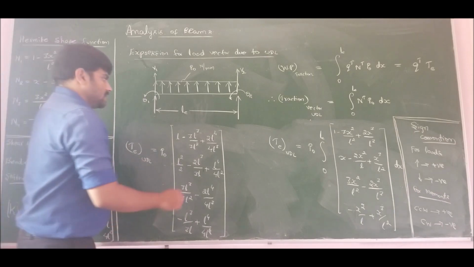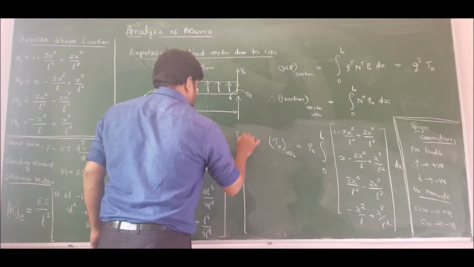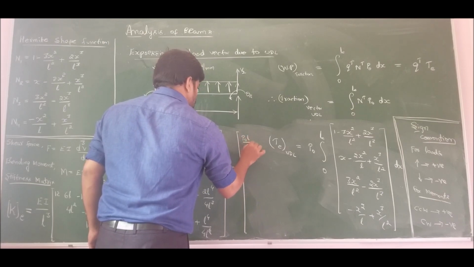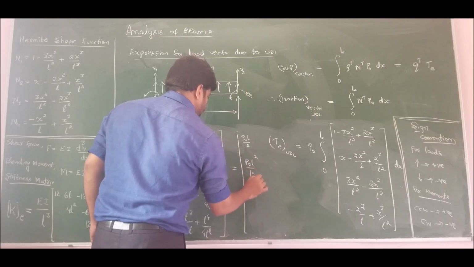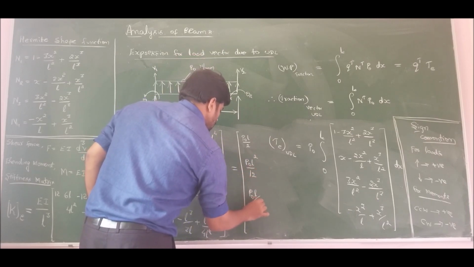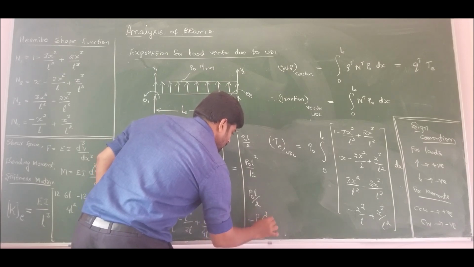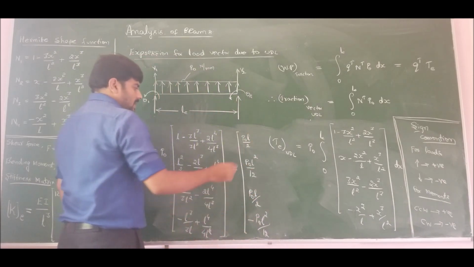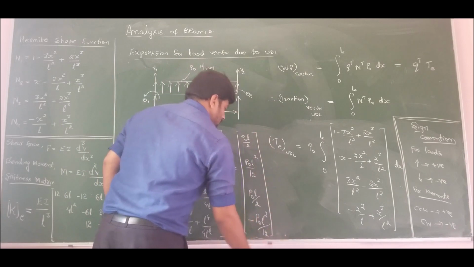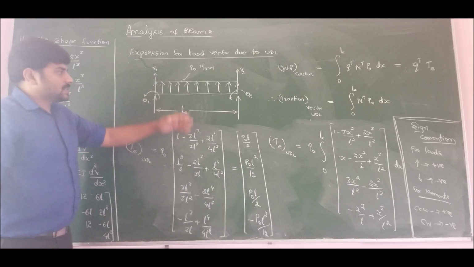Simplifying, the final answer I will get is P naught L by 2, P naught L square by 12, P naught L by 2, minus P naught L square by 12, where L is the length of the element. So this is the load vector due to uniformly distributed load.